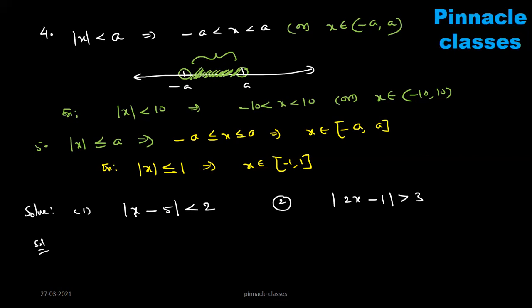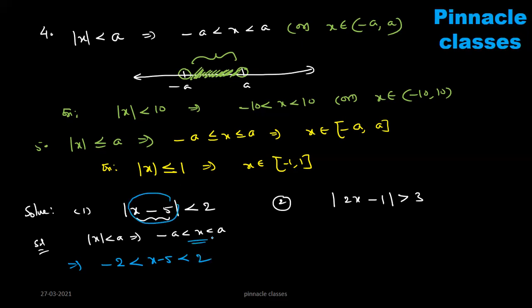So in this case, how to solve modulus of x minus 5 less than 2? It is of the form modulus of x less than a. Property number 4 we have to use. Minus a less than x less than a. So here also, minus 2 less than x minus 5 less than 2. Here x is nothing but x minus 5.